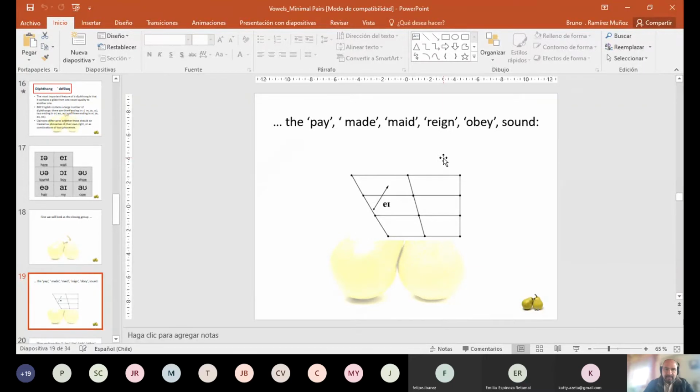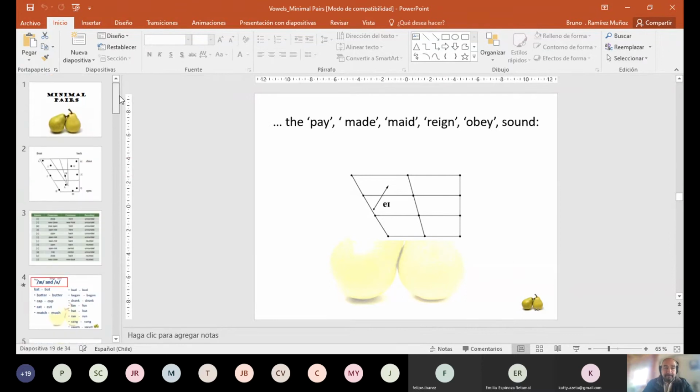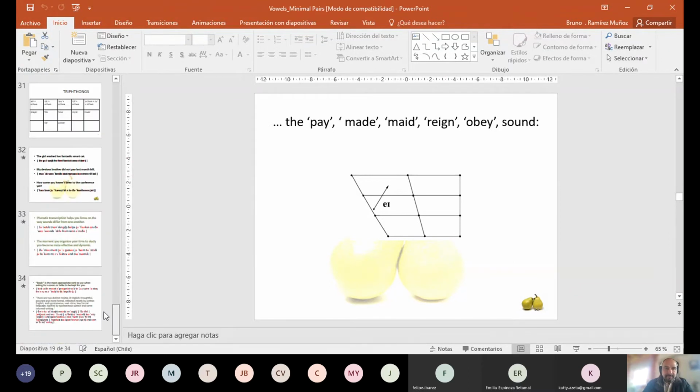Okay, and in terms of consonant sounds, we're only going to cover this time place of articulation, and manner and voicing are going to be left out for next assessment week. Okay.